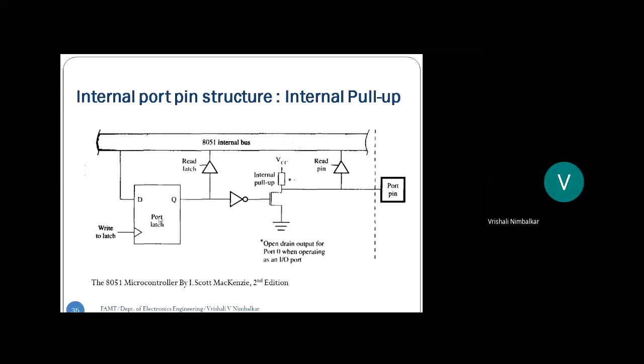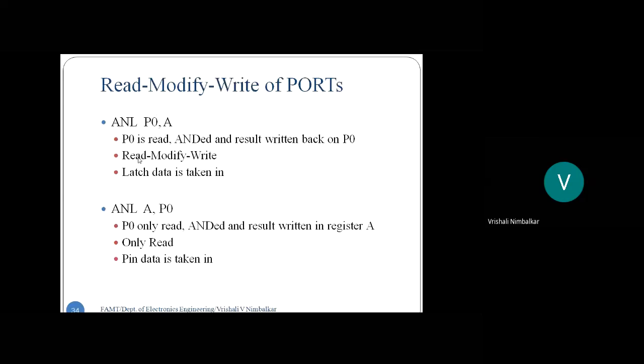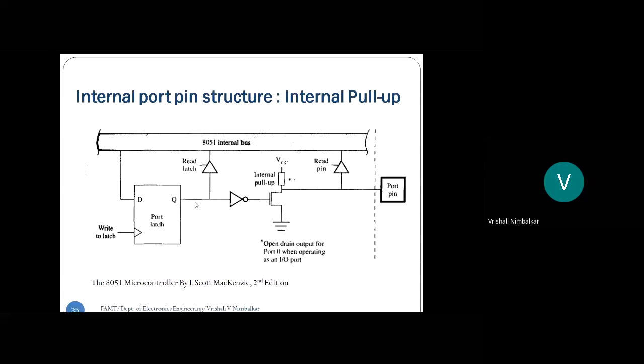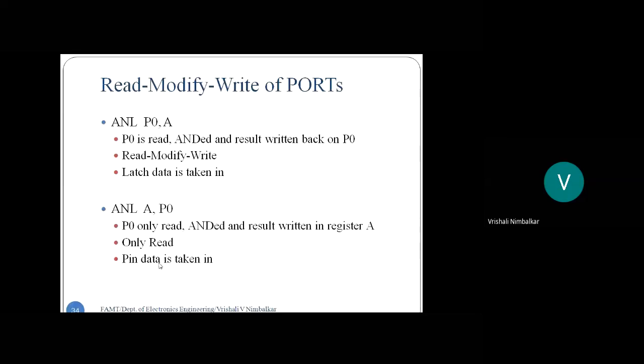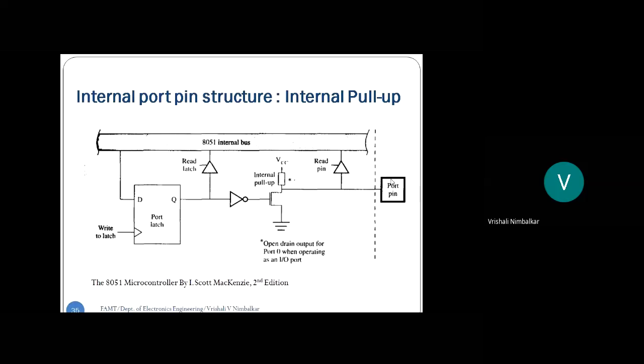So when I say P0 is read, modified and written back, at that time the latch is read. So from this latch, the data is taken in, modified and written back on the latch. And then it is forwarded to the pin. And the second operation, if only the port is read, then pin data is taken. This pin data is taken by the microcontroller, modified and placed inside the accumulator.